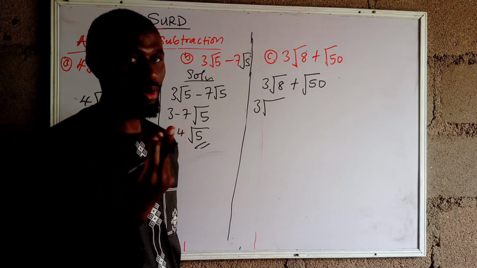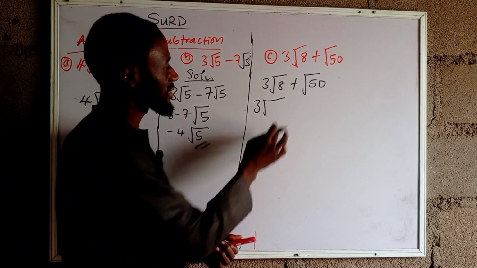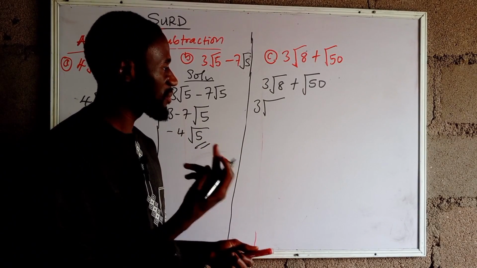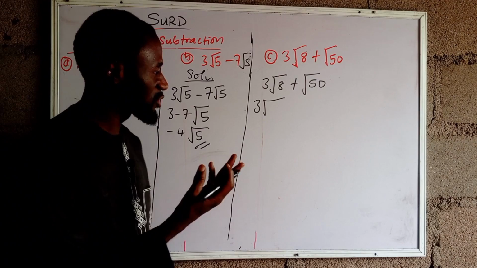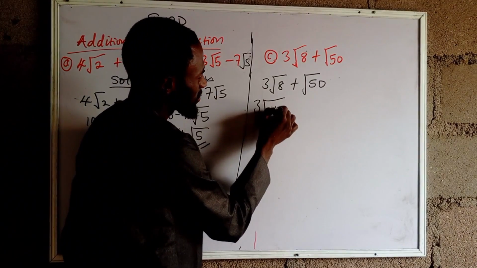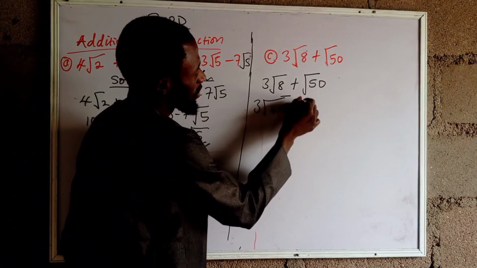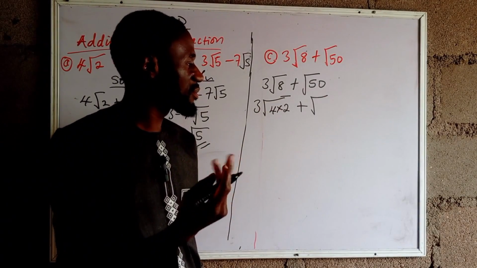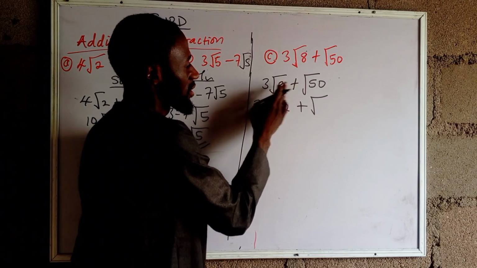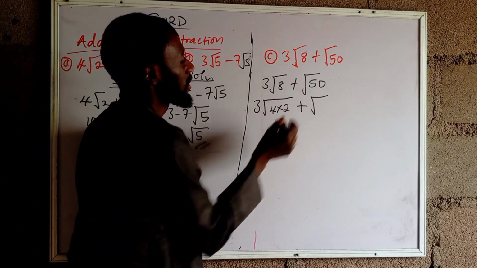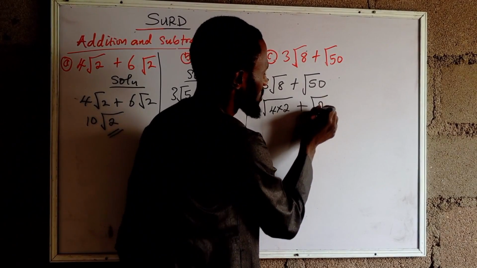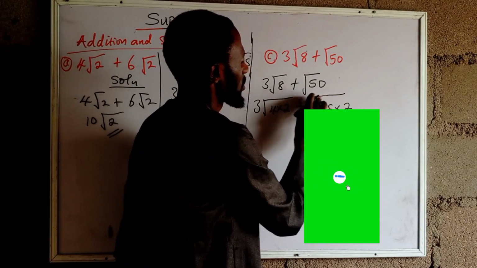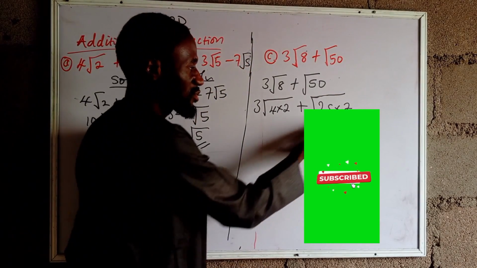We're supposed to find 2 numbers which multiply to give 8, and one of the numbers must be a perfect square. What are the 2 numbers there? This is 4 times 2, plus likewise 50. Find 2 numbers, one of which must be a perfect square. This is 25 times 2.